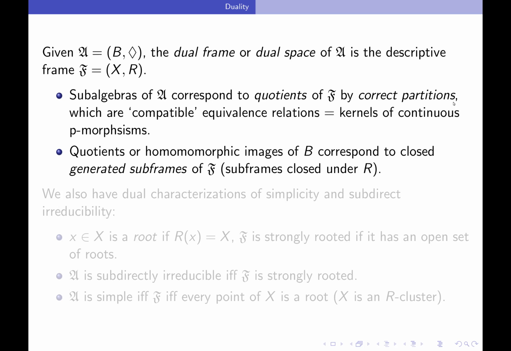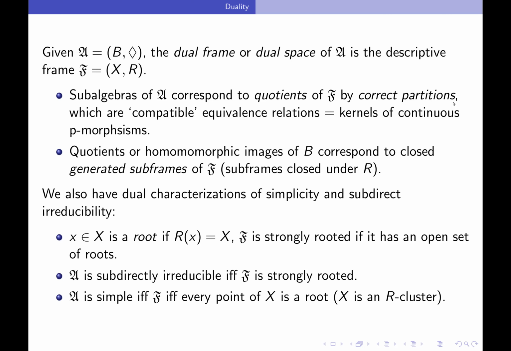This seminar is full of algebraists, so you'll like to know what the subdirectly irreducible and simple algebras are across this duality. There's a very nice characterization. So in the dual relational space, you say a point is a root if it sees everything, and we'll say that the space is strongly rooted if it has an open set of roots, which will actually turn out to be clopen.